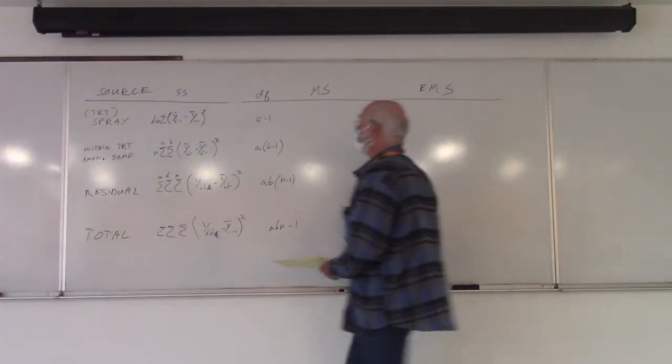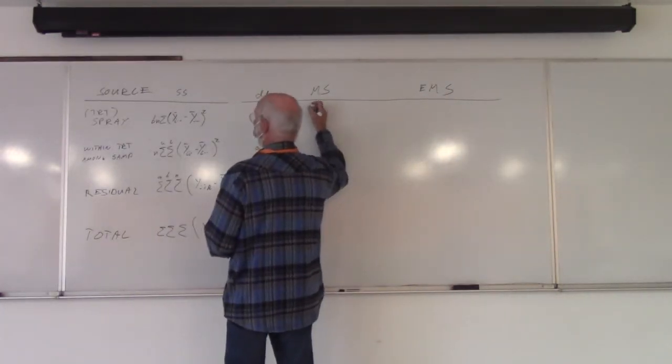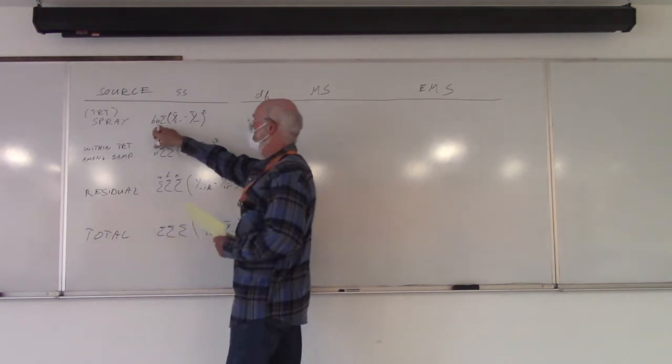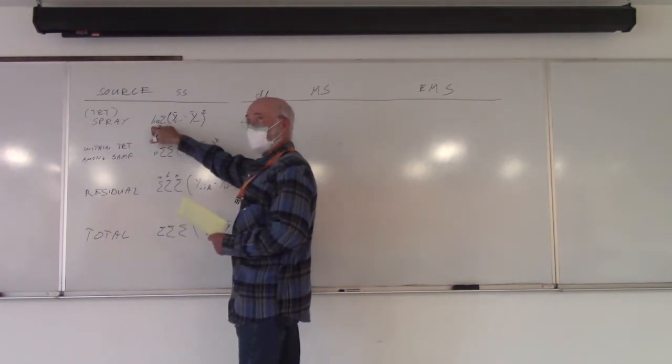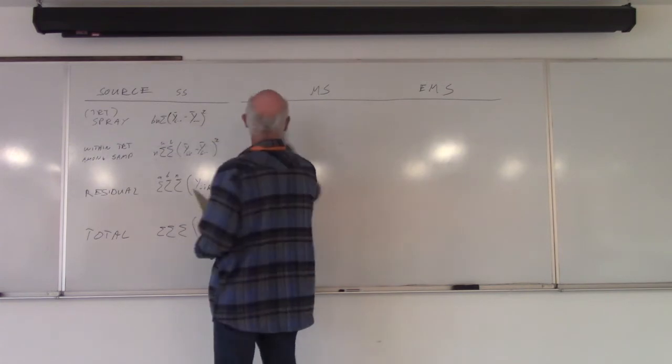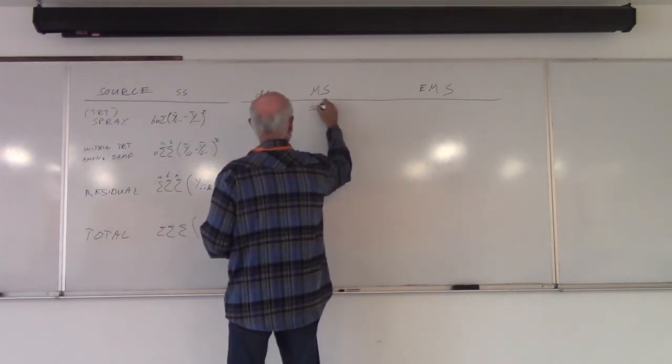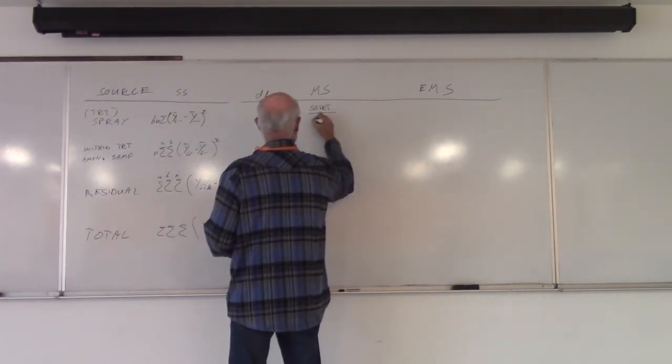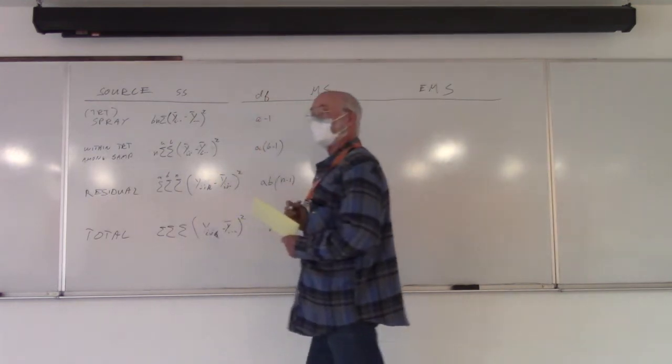All right, now my mean squares are going to be simply, instead of writing all that down, I'm going to write SS TRT. So SS treatment divided by a minus 1.